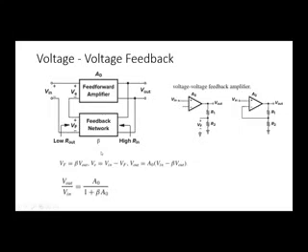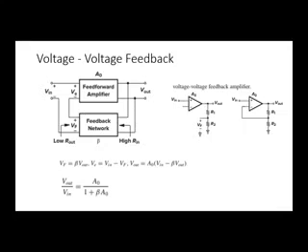First of all, we see the voltage feedback topology. In this topology, the output voltage Vout returns the feedback signal as a voltage. The following concepts are shown in the figure.